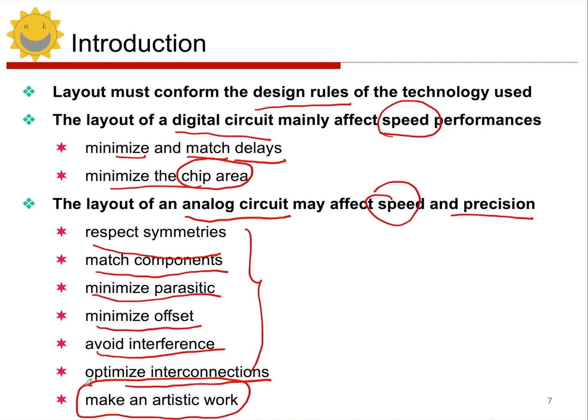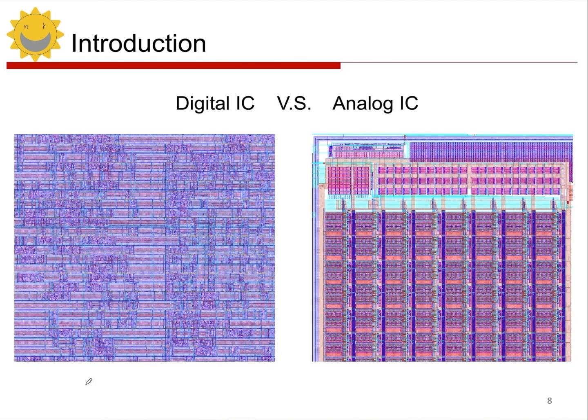Generally speaking, there's a saying that a well-functioning layout of an analog integrated circuit must also be aesthetically pleasing. If you look at a layout and it appears chaotic, you can be sure that the characteristics of that analog integrated circuit won't be great. Therefore, it must be treated as an artistic work.